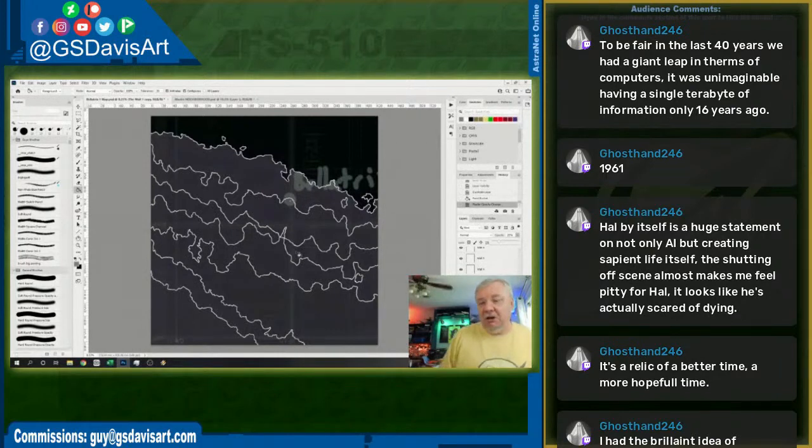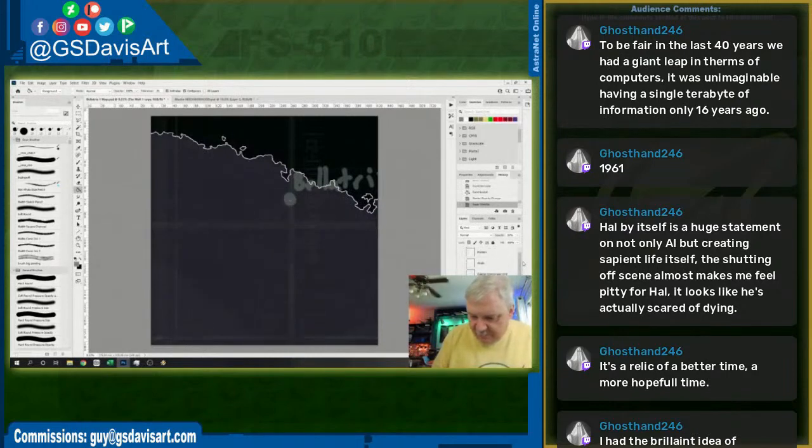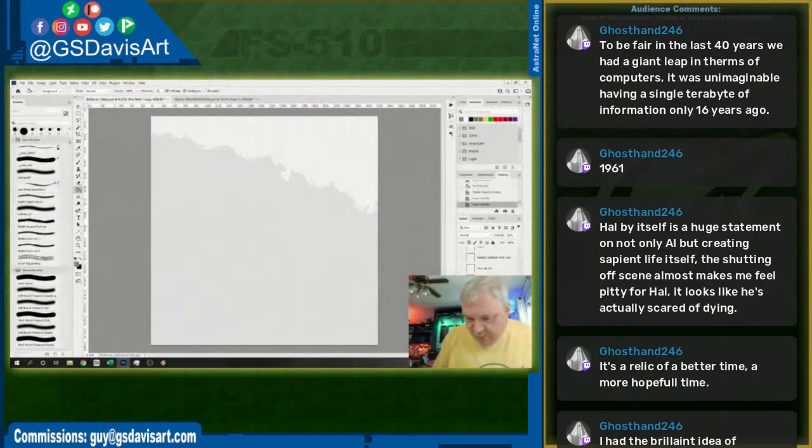We actually might even go lower than that. Let's try 10%? Nah. 20%. Oh, come on, work with me here. There we go. Now we take everything else off, and we merge visible.